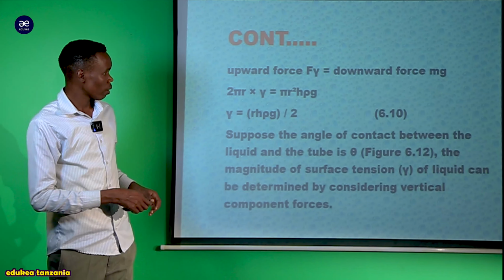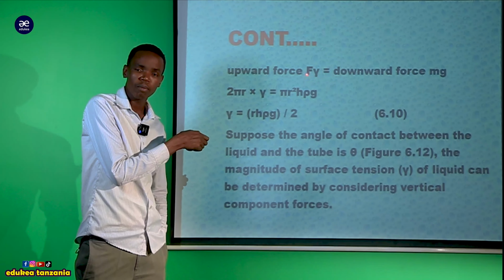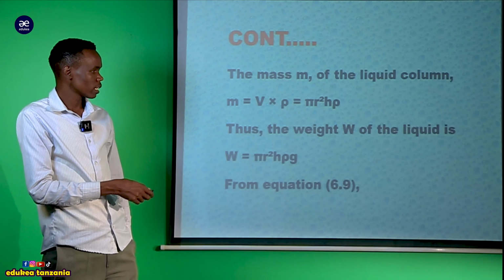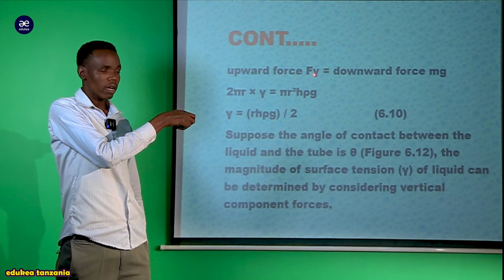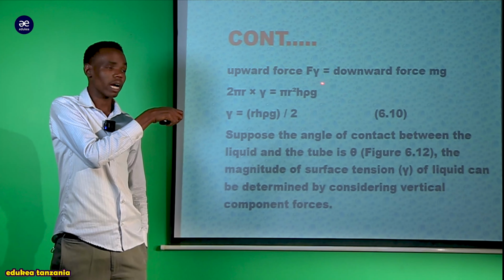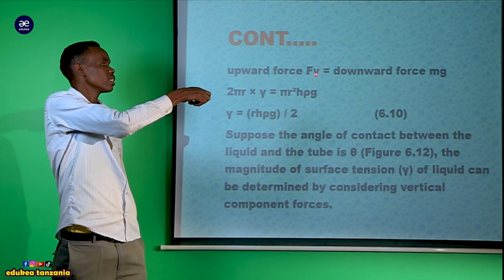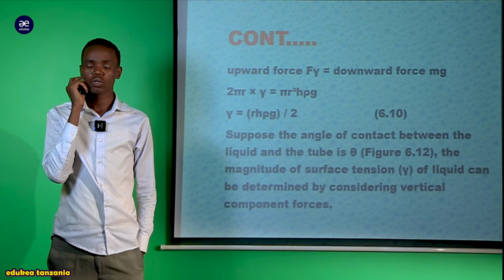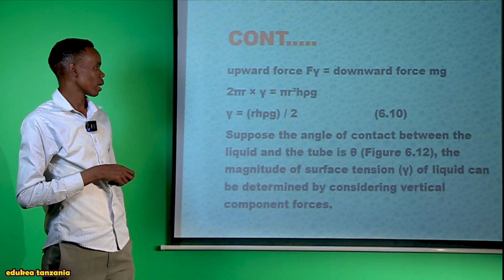Now, as we tried to demonstrate in our equation number 6.9, Fy, the force due to the surface tension, must be equal to 2 pi r times the surface tension. It means instead of writing this F, we are supposed to substitute 2 pi r.